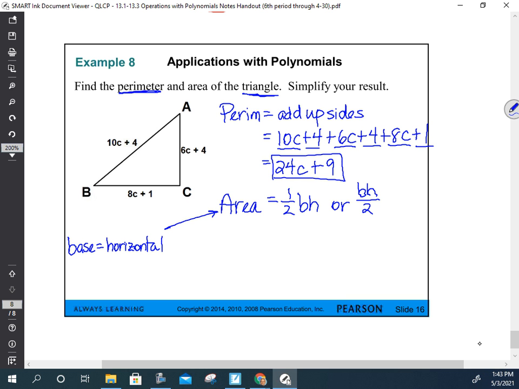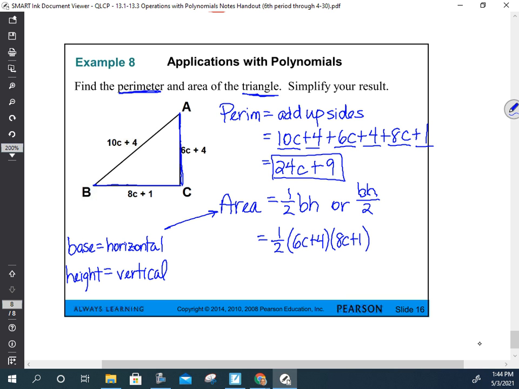Base is the horizontal part. And height is the vertical part. So when you multiply it out, that's 1/2 times 6c plus 4 times 8c minus 1.